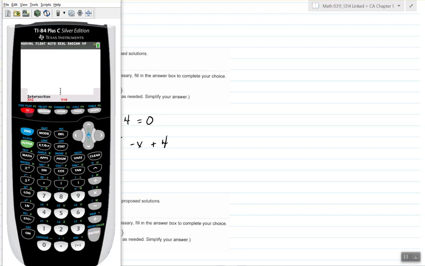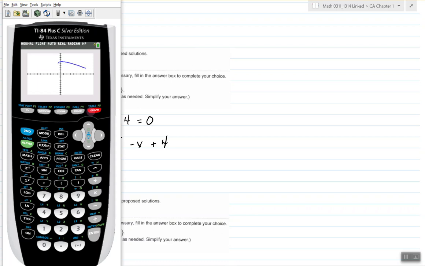Go to the y equals, clear, and this is second of the x squared, gives you the radical. Type in 5 variable x plus 4. You will either close your parentheses or you will use your right arrow to get out from under the radical. Subtract x, add 4. And I already have my 0. I'm just going to leave it in the standard viewing window and see what I get.